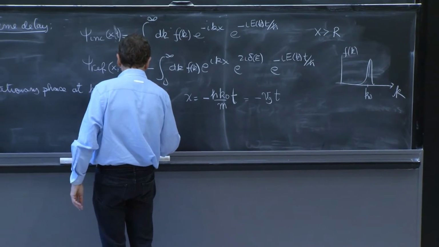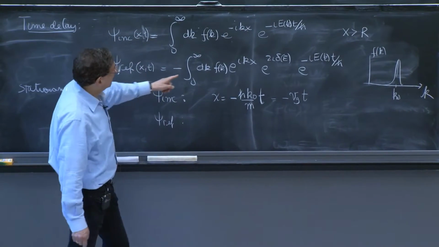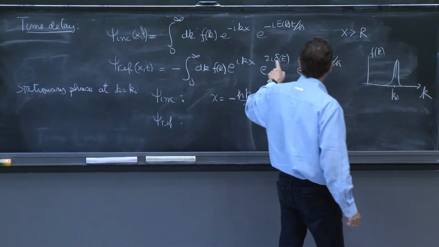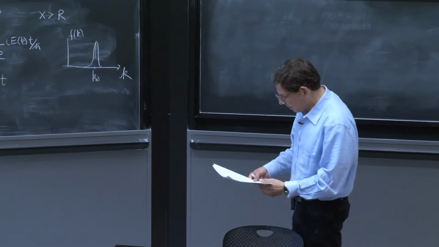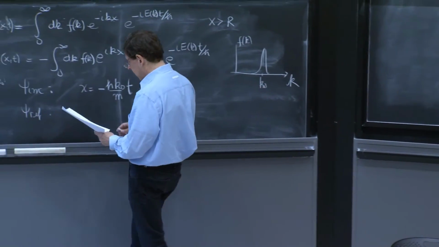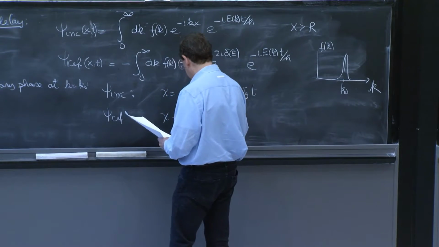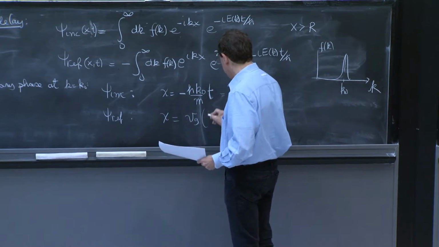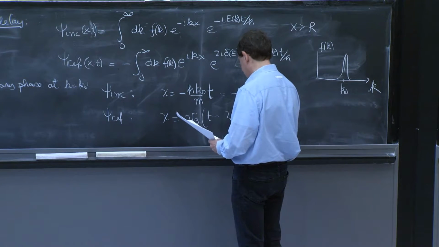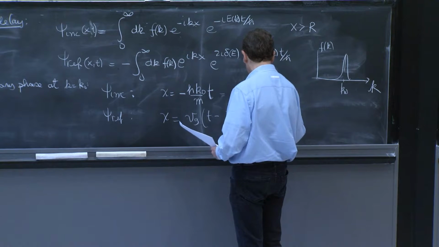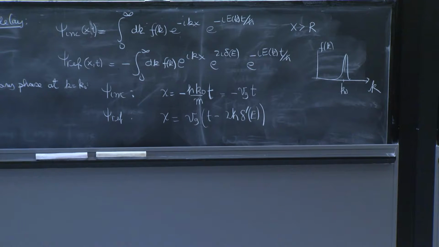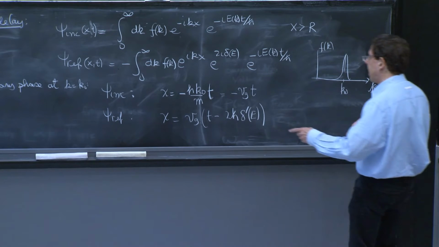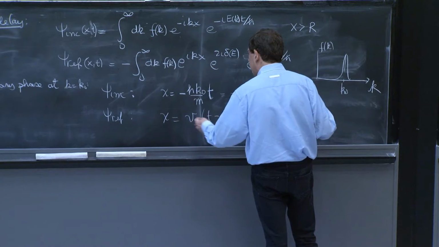For psi reflected, now you have to take the derivative of delta with respect to E, and then the derivative of E with respect to the energy. And the answer in this case, and you've done this before, is V group times t minus 2h bar delta prime of E. So yes, in the reflected wave, x grows as t grows and is positive.